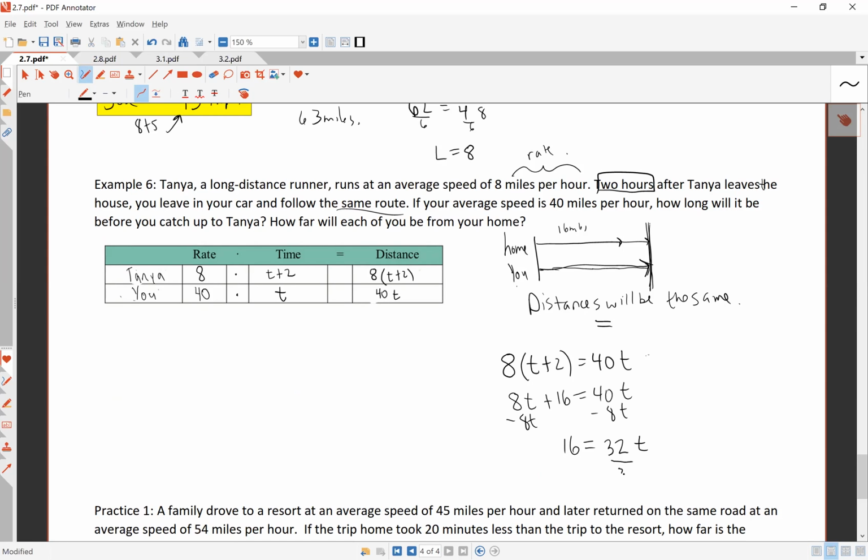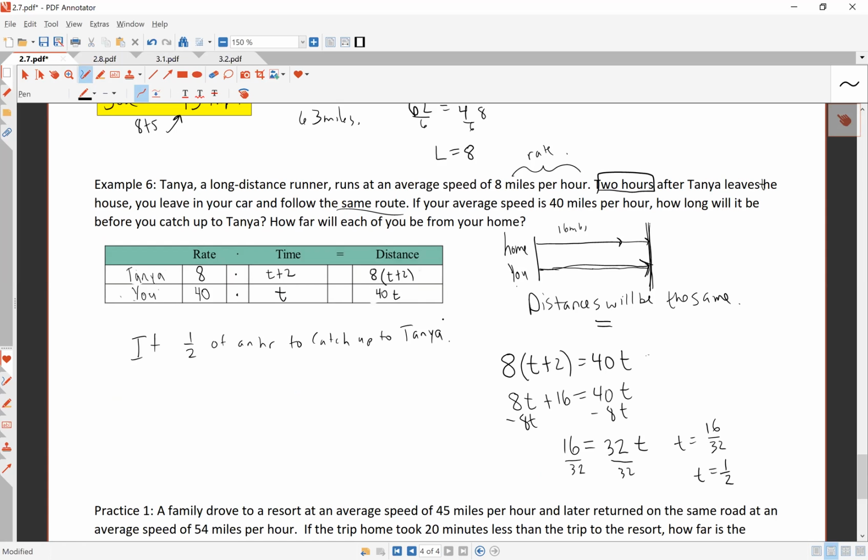Dividing by 32, we get t equals 16 divided by 32. And that's 1/2. So it takes 1/2 an hour to catch up to Tanya. So just a half an hour.